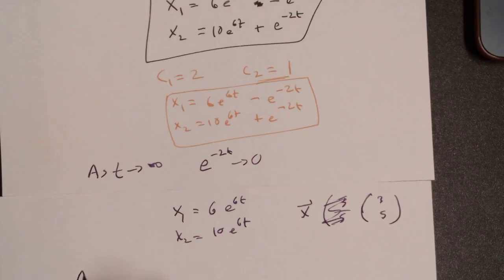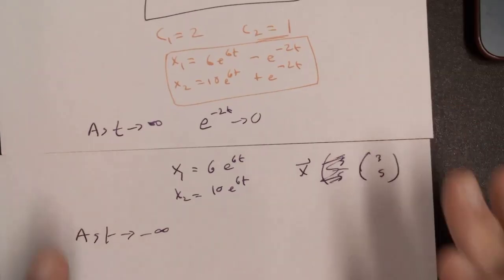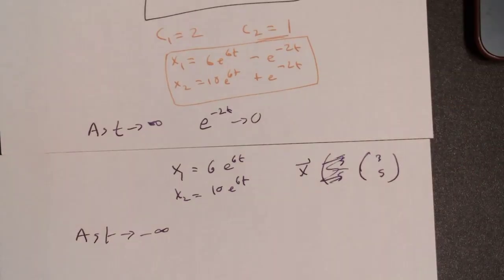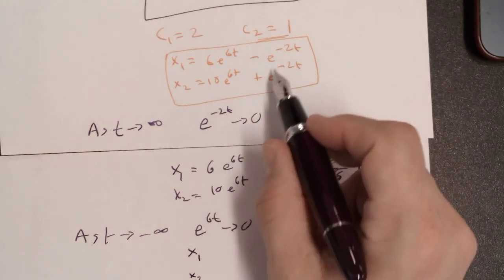What if I go the other way? As t goes to minus infinity, what happens? Right, the part with the 6t gets really small. And then I could really think of this as being governed by these parts.